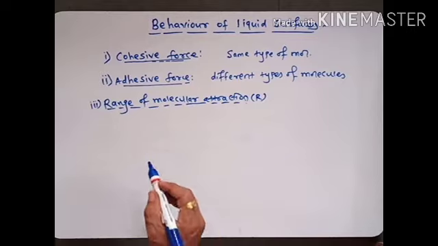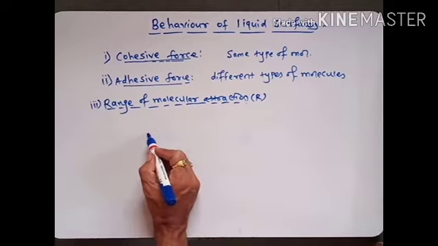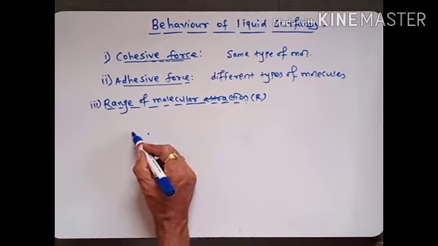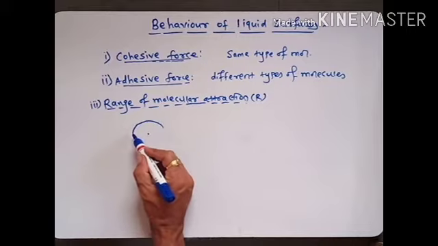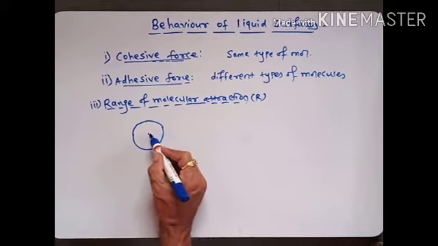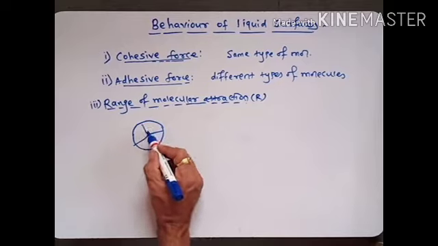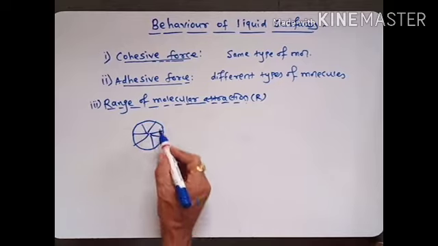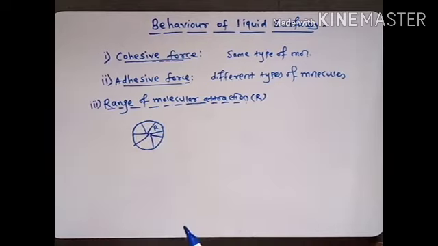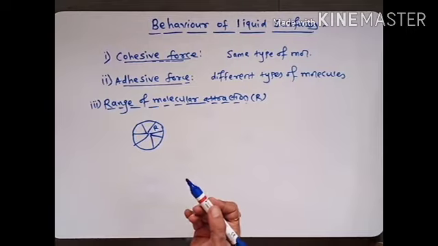Suppose this is the molecule, then this is the maximum distance around the molecule, this much in all directions. The maximum distance around the molecule up to which intermolecular forces are effective is called the range of molecular attraction.